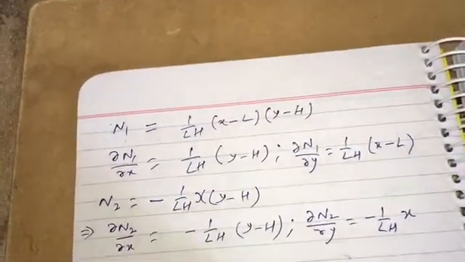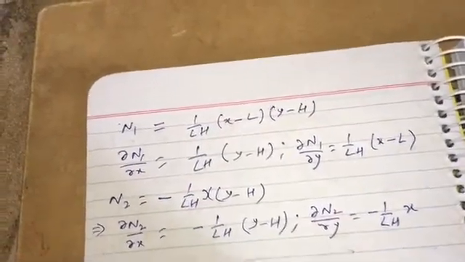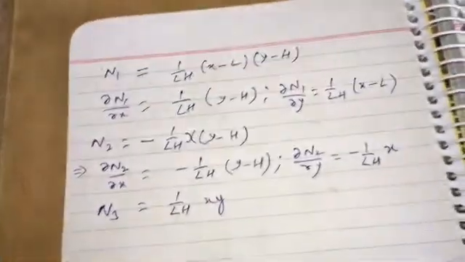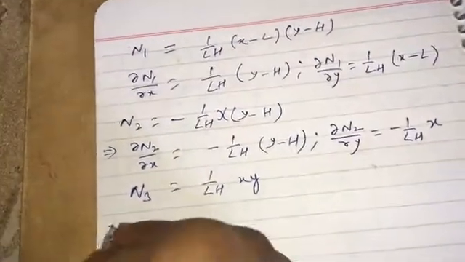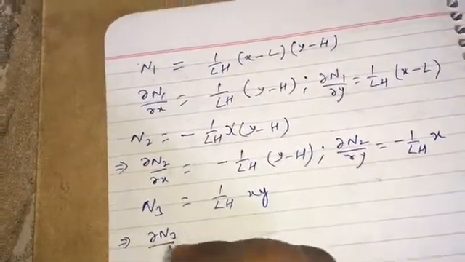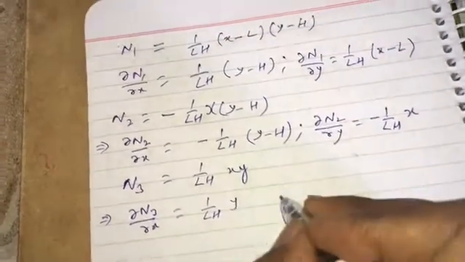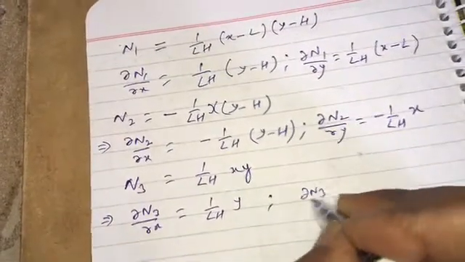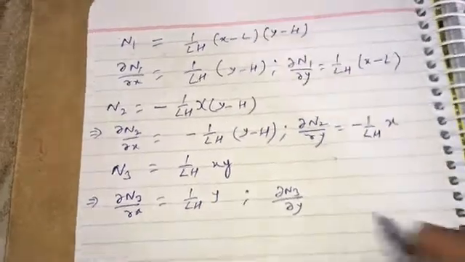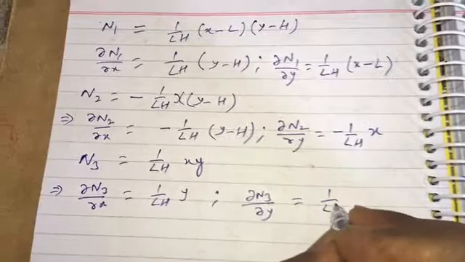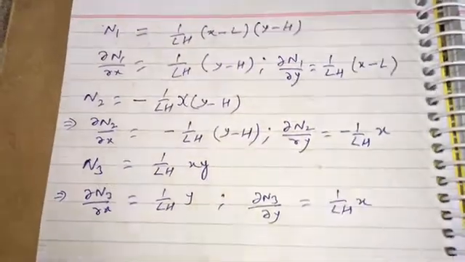Okay. Now n3 we have 1 over LH times xy, and so we get del n3 del x equal to 1 over LH times y, and del n3 over del y is equal to 1 over LH times x.